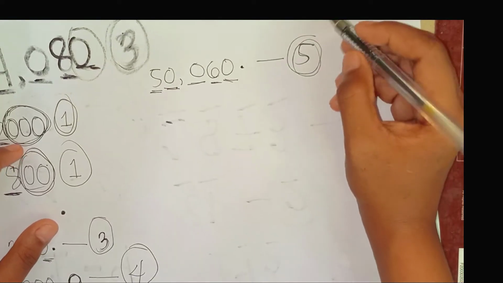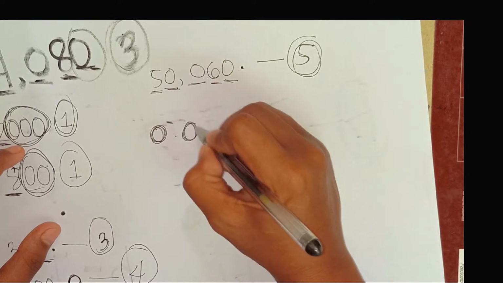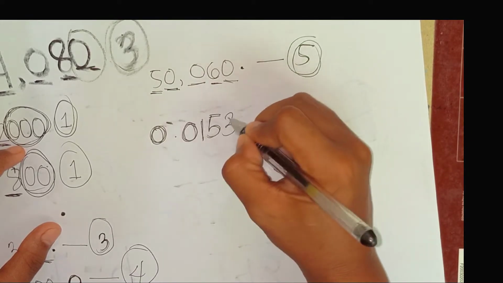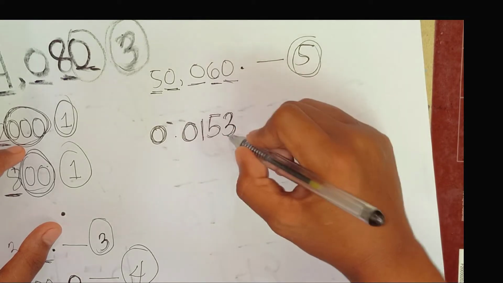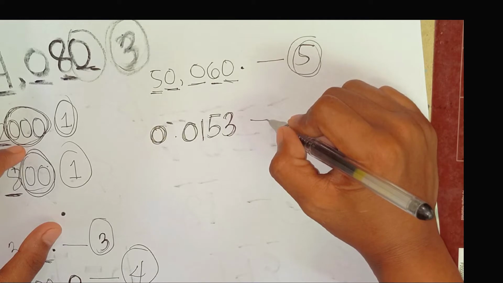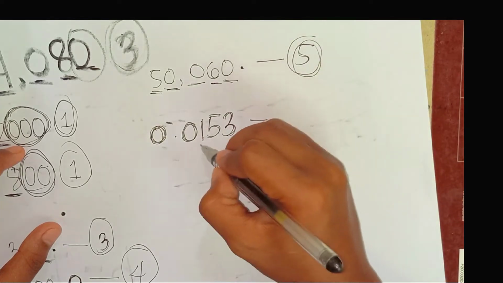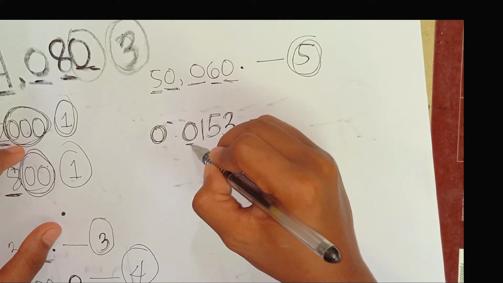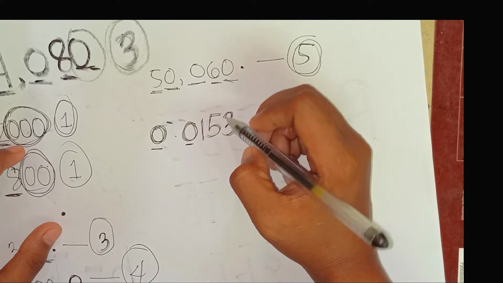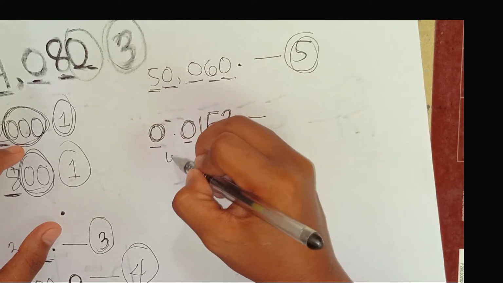So next is 0.0153. How many significant numbers do we have? Now the zeros to the left of the non-zero numbers are known as the leading zeros.